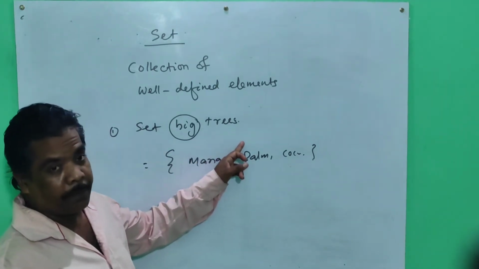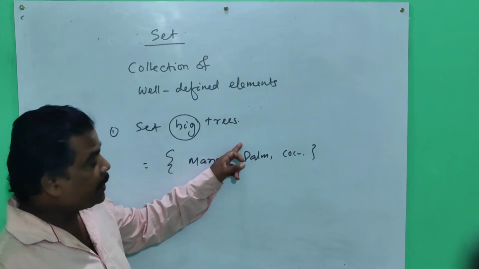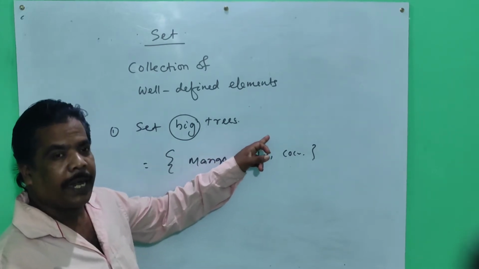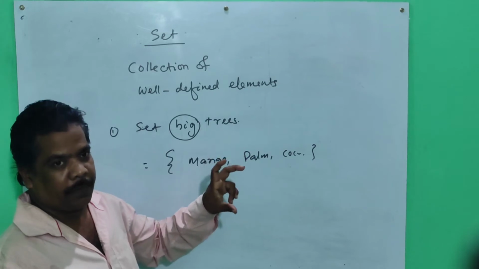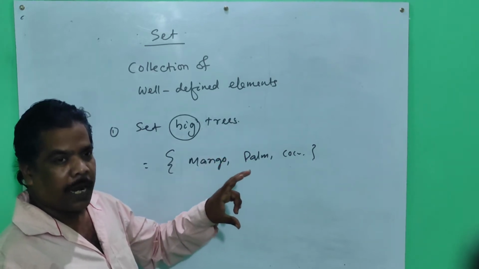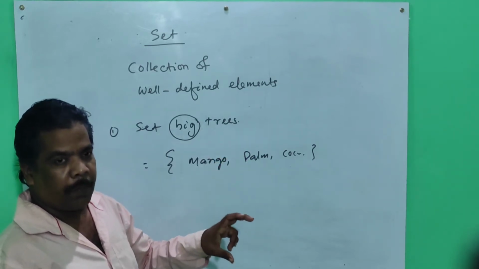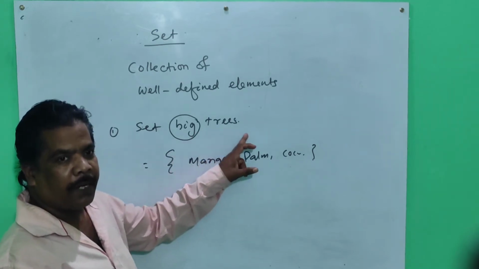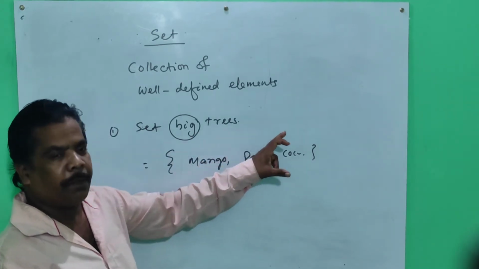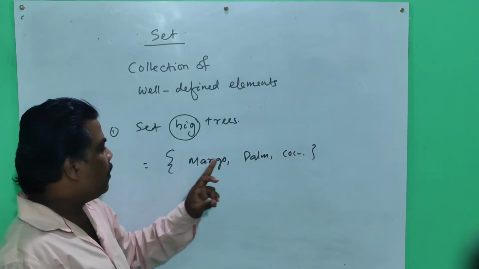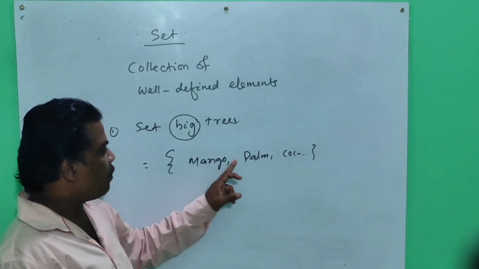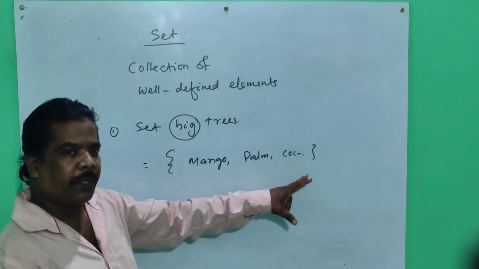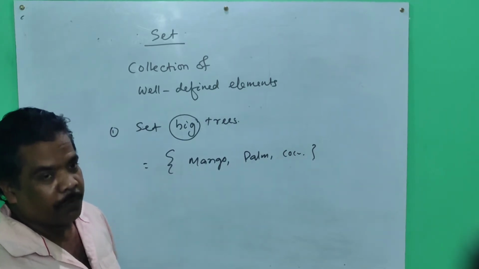How long must a tree be to belong to big trees: 25 foot, 30 foot or 50 foot? If the lengths of the mango, palm and coconut trees are given, then we can say which is a big tree or a small tree.